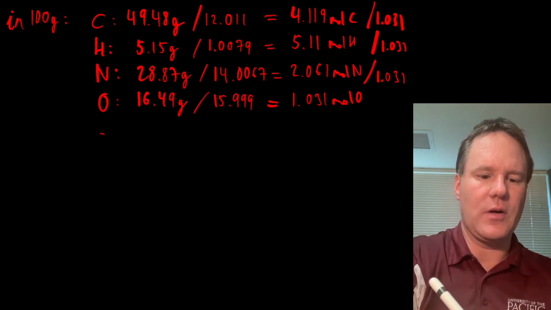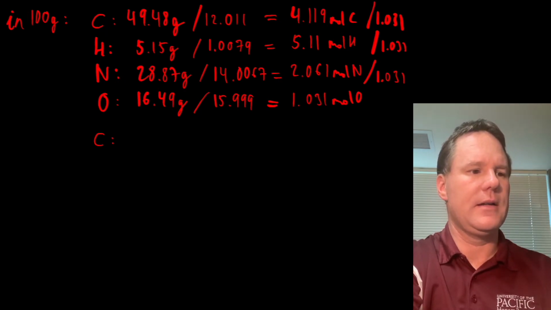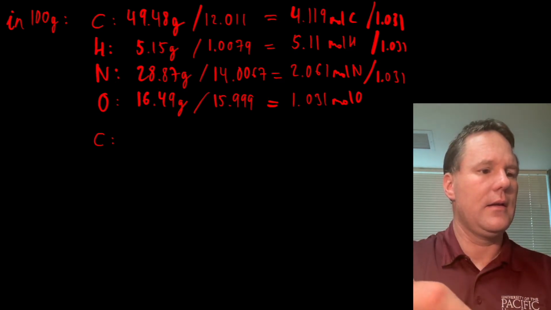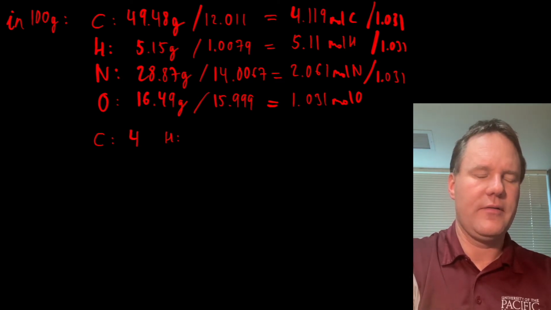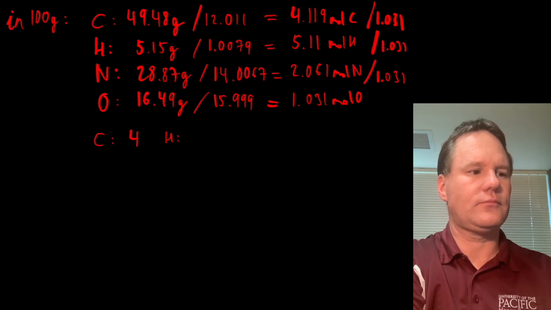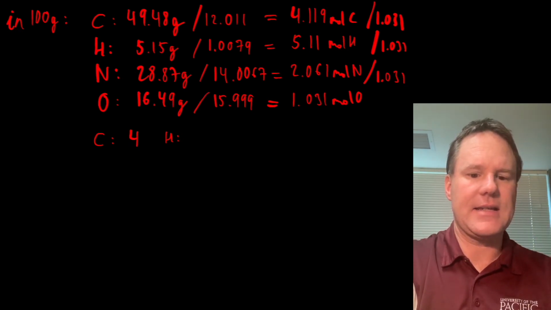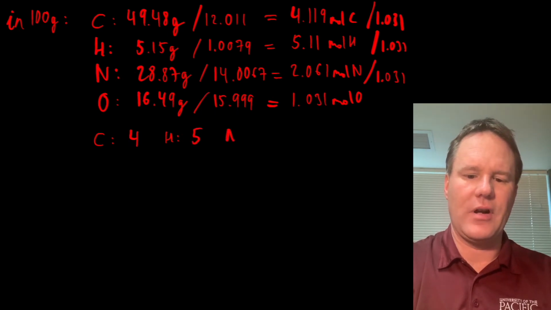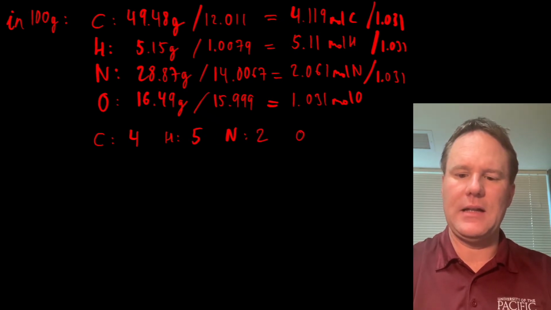And so what I get for carbon, I divide that with that, and I get 3.997, so that's approximately a 4. For hydrogen, that would give me 4.96, so that's pretty much a 5. For nitrogen, you can see it without a calculator, that would give you a 2. And oxygen, since it's dividing with itself, you get 1.